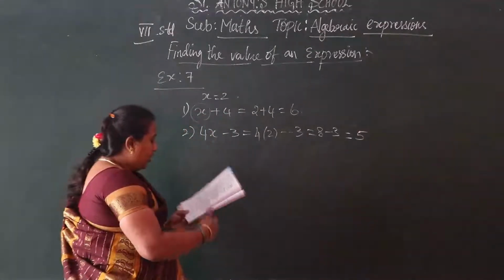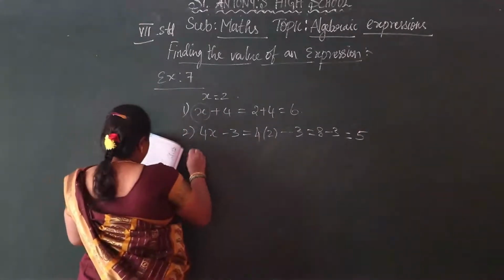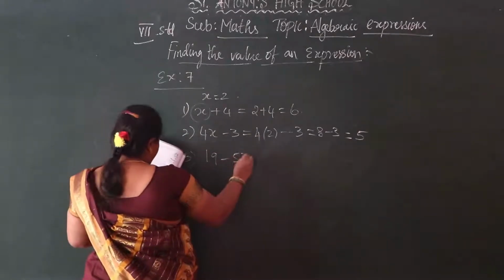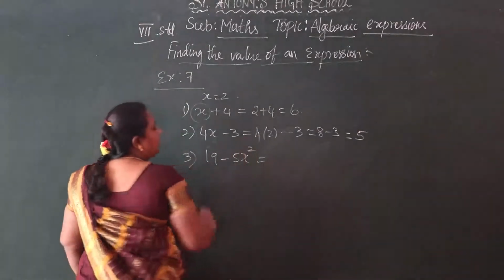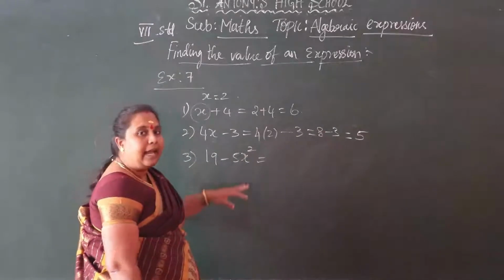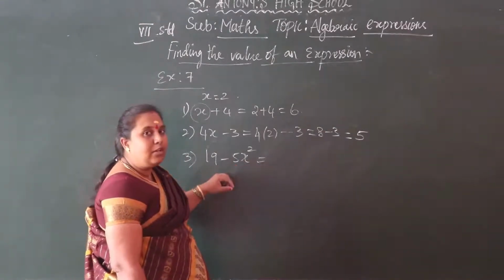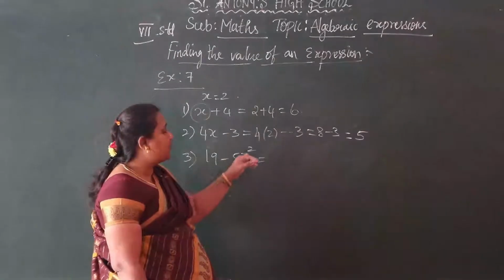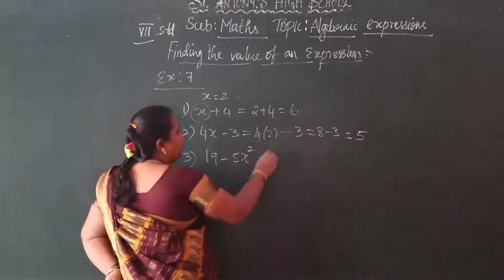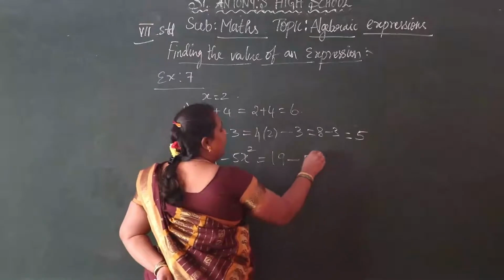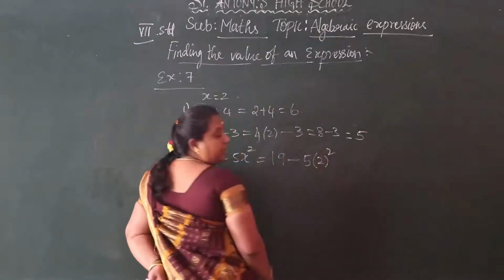Then the third one is given, that is 19 minus 5x square. Here also we have to substitute the value of x equals 2. So 19 minus 5 into 2, the whole square.